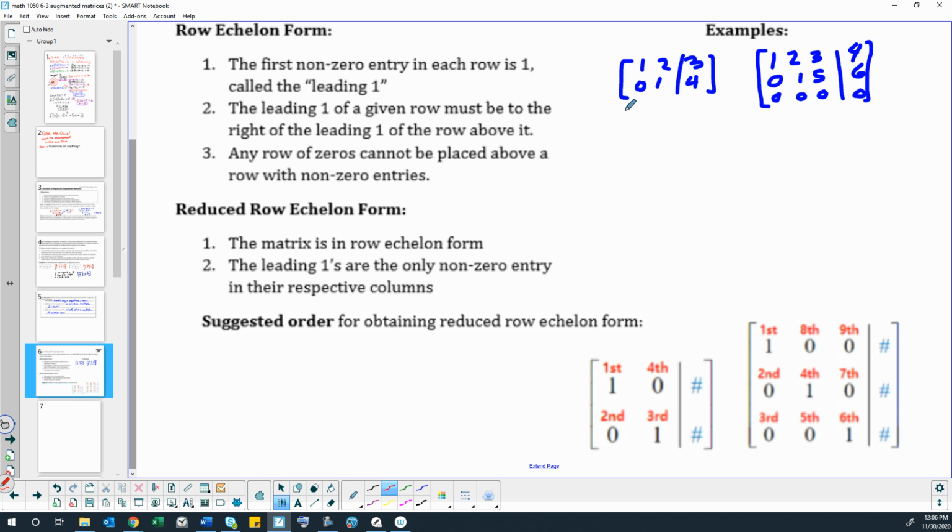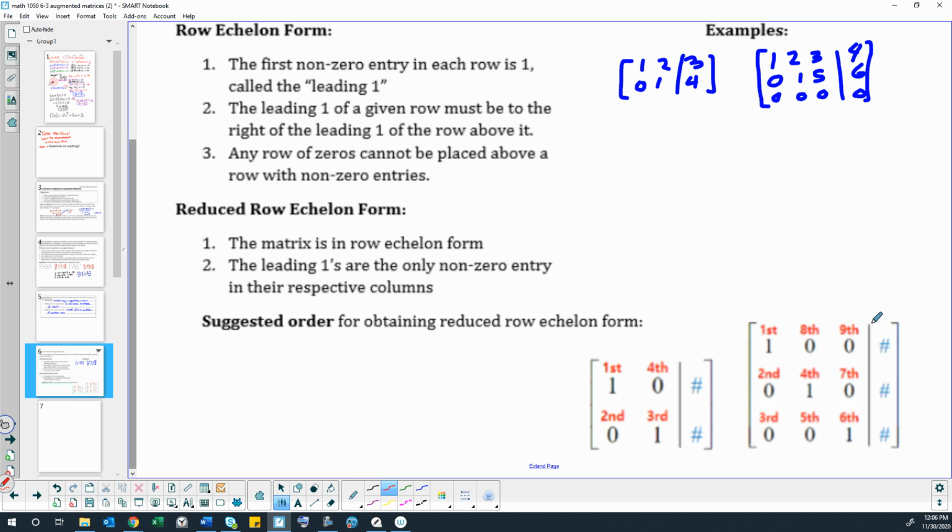So in order for this to go from row echelon form to reduced row echelon form, we would have to somehow turn that 2 into a 0 so that it would look like this. So that we have a 1 and a 0 and then our constant, a 0 and a 1 and our constant. And what that does is these two numbers will be our answers. This will be x equals this number and y equals this number.